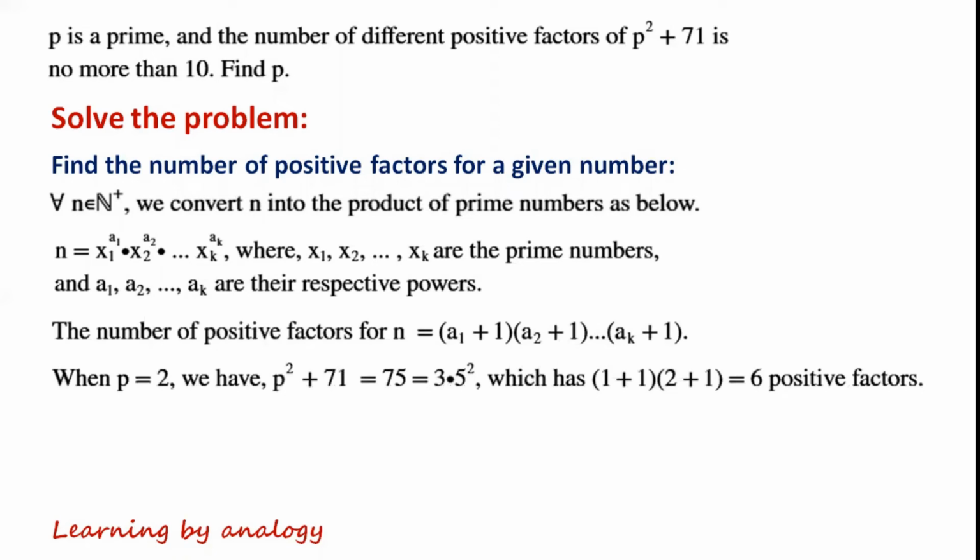When p equals 2, we have p squared plus 71 equals 75 equals 3 times 5 squared, which has 1 plus 1 times 2 plus 1 equals 6 positive factors.